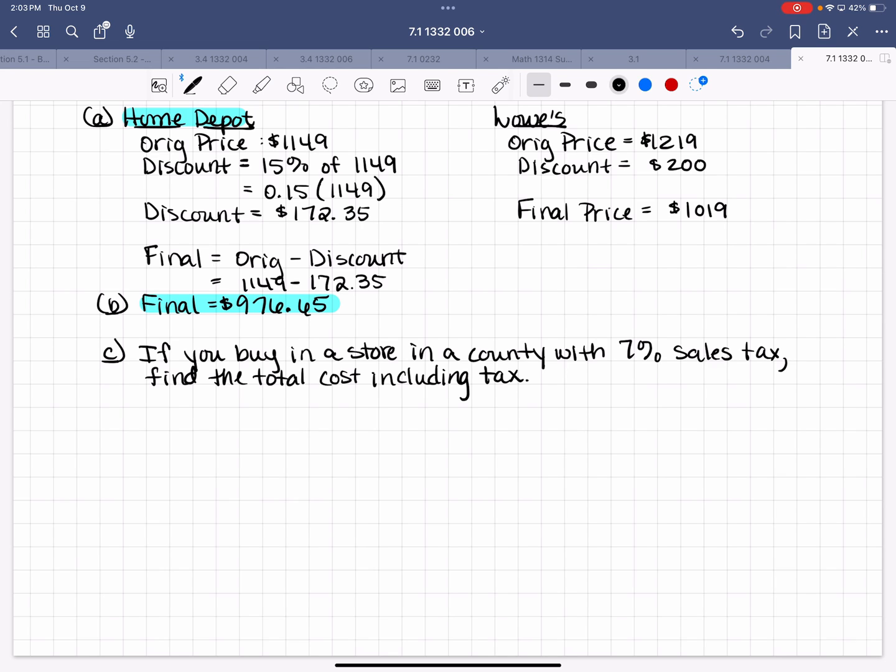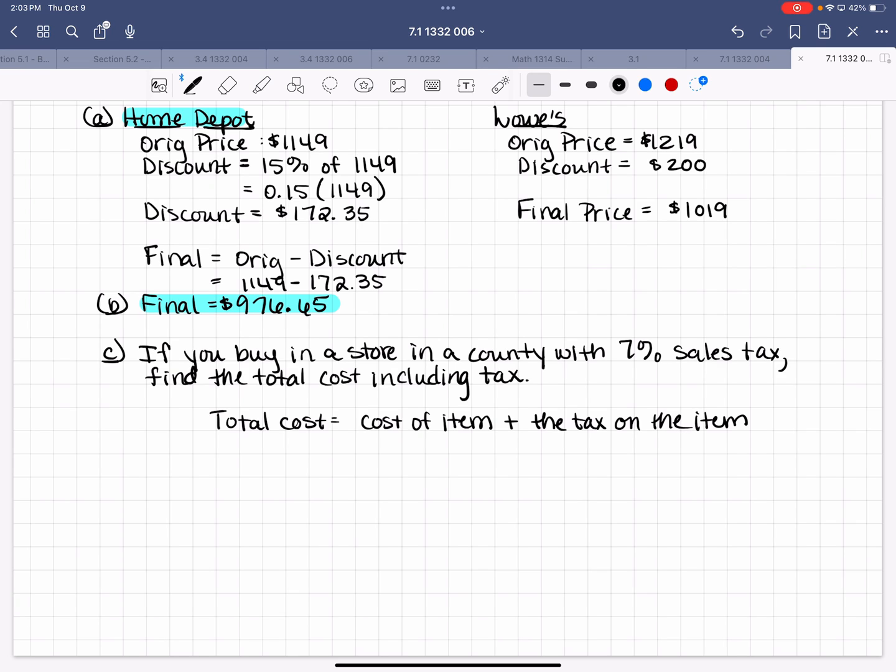Okay, so let's calculate the sales tax and the total cost of that refrigerator. The total cost is going to equal the cost of the item plus the tax on the item.